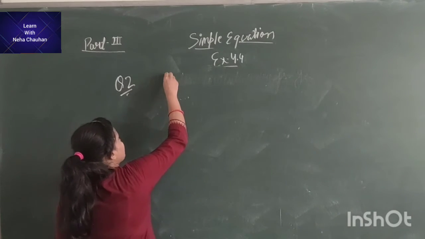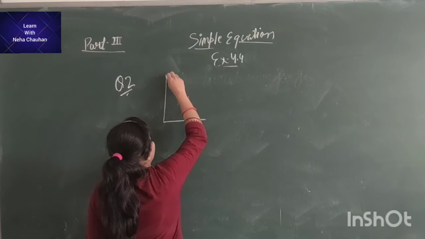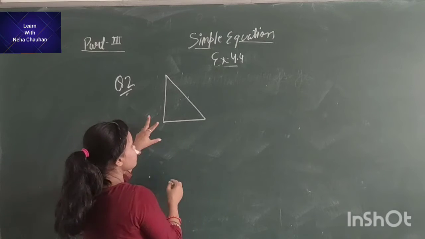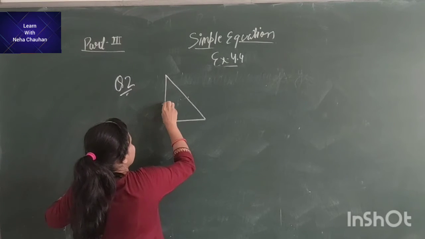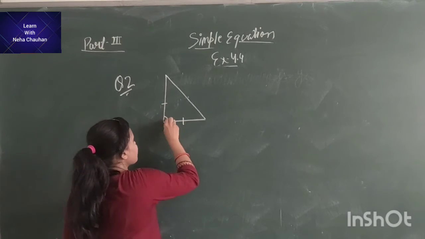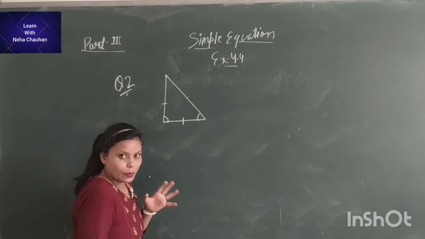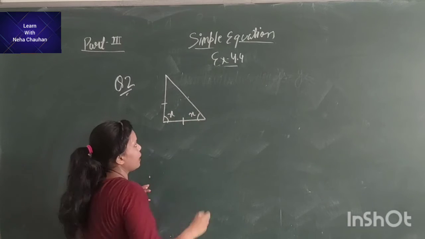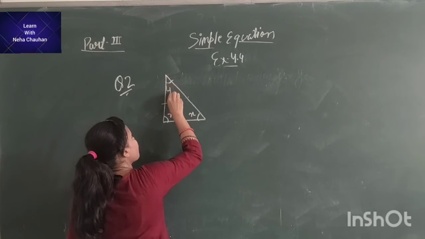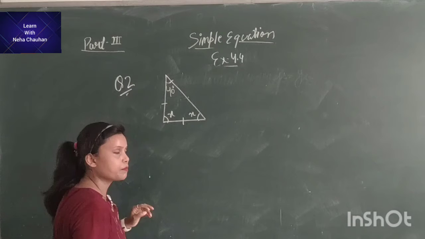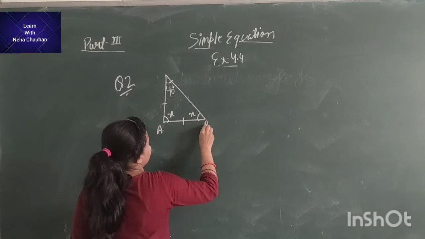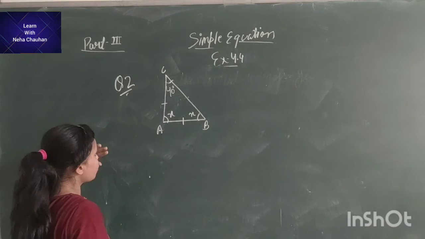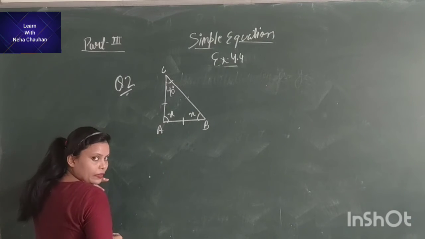So suppose we have this triangle. An isosceles triangle has two sides equal, right? So if I say these are equal sides, these angles are also equal. Suppose these angles are x and the vertex angle is given as 40 degrees. A, B and C is the name of the triangle.